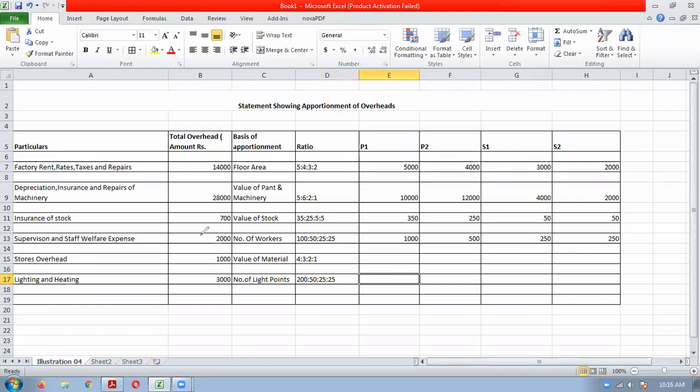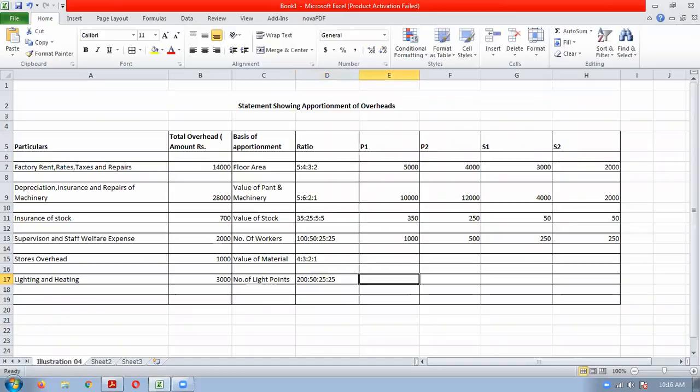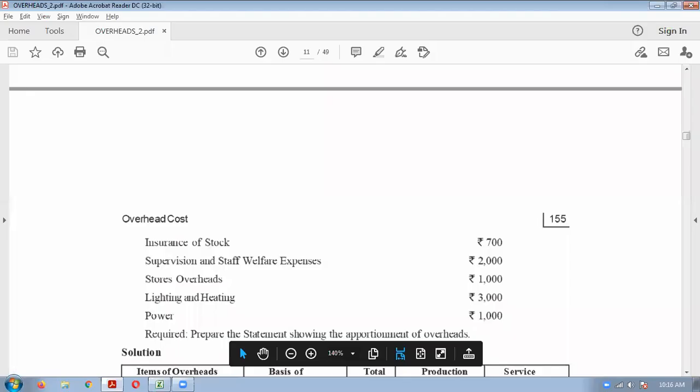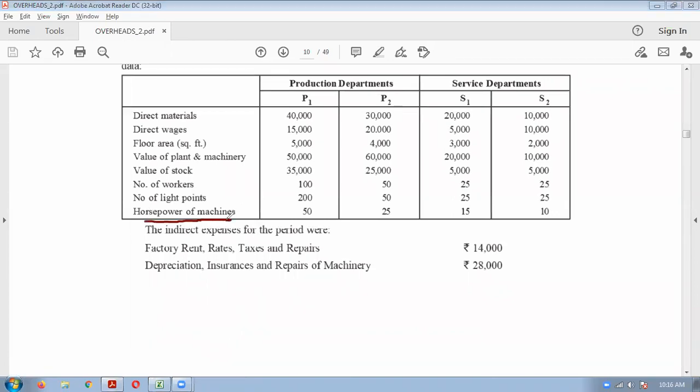And one more overhead is the last one: power. For power, we will take horsepower. It is given in the question. So power will be horsepower of the machine, meaning the power of the machine. So power we will divide on horsepower. Okay, 50, 25, 15, 10.